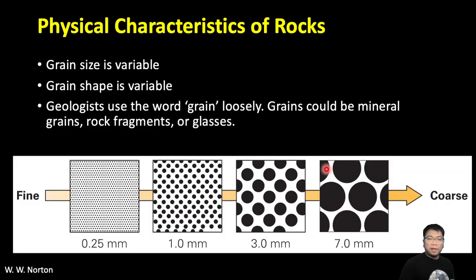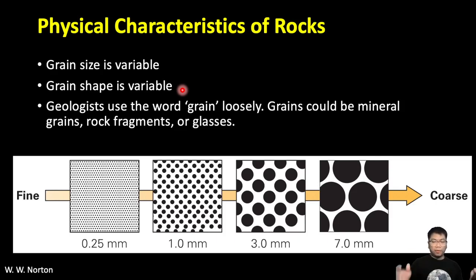All right, so for the next couple slides, I'm going to show you the physical characteristics that we see as geologists to identify rocks. The very first thing is that we look at the grain size. We also look at the grain shape. When we say grains, we use the word grain very loosely here, because grains can be mineral grains, and they can also be rock fragments or glass fragments.